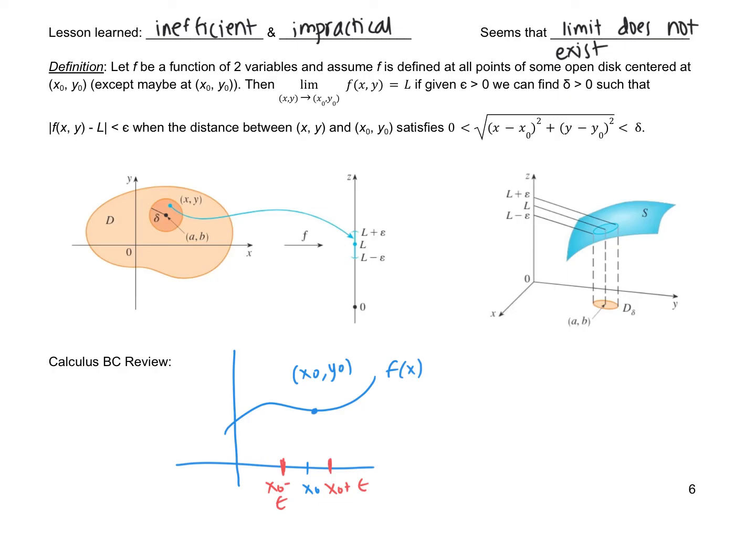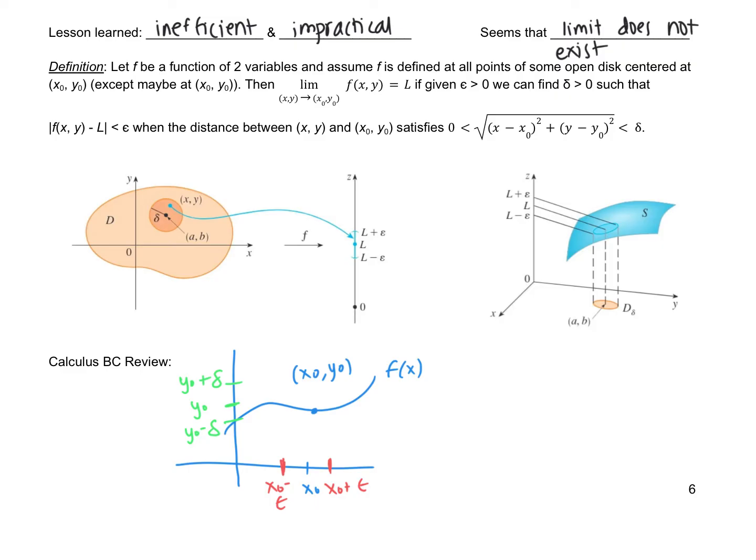And then on the y-axis, we have our actual limit, y naught, that's really L. And again, we have this little interval. That's y naught add delta, this is y naught subtract delta. And so it gives us an interval over which to look.